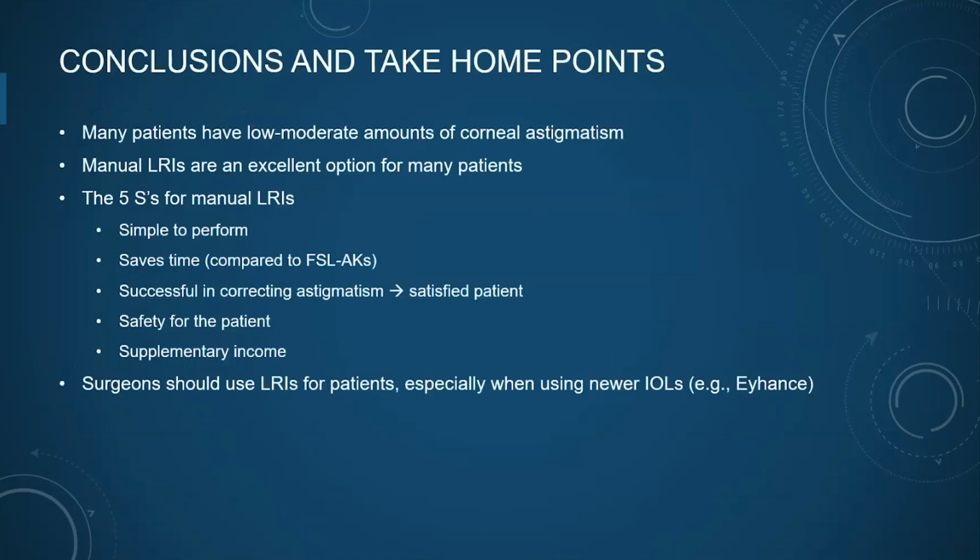So conclusions here and some of the take-home points. Many patients have low to moderate amounts of corneal astigmatism. I would argue that the manual LRIs are an excellent option for many patients, especially if finances don't allow them to pay for a toric IOL, and especially if you want to still deliver some good outcomes for some of these patients.